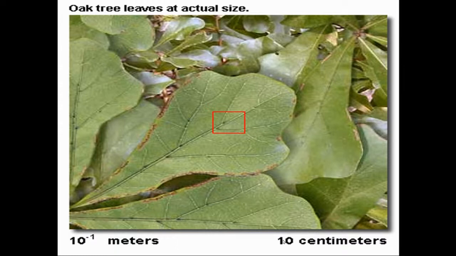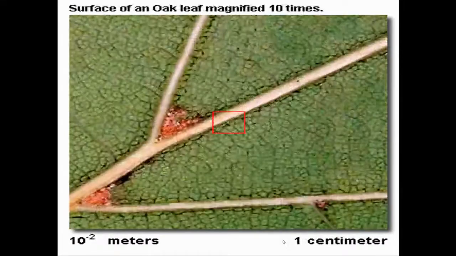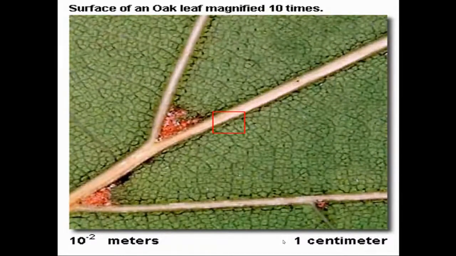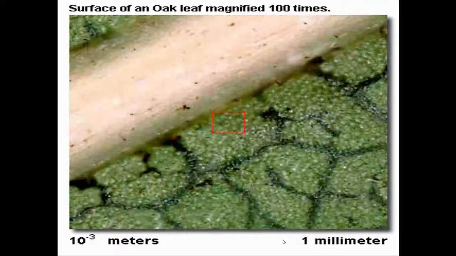Can we dive further? By the way, in this course, we're not going to look at small things. We're only looking at bigger things. But to give you an idea of the knowledge that we have generated as humans. Now, if you go down to about a centimeter, you can see some structure in this tree leaf.